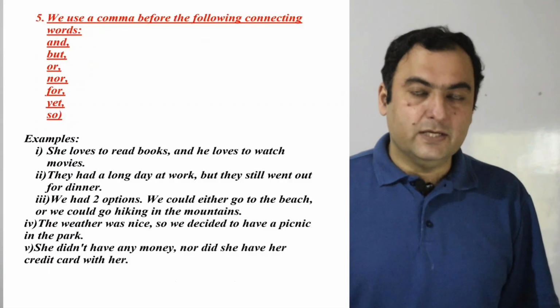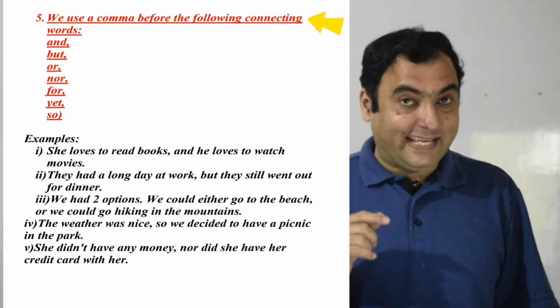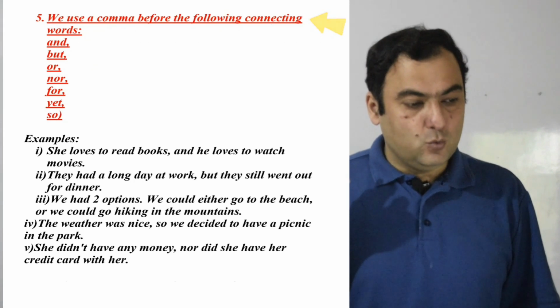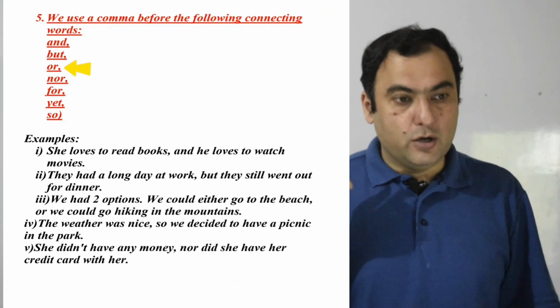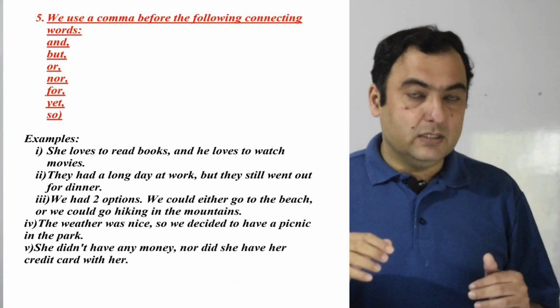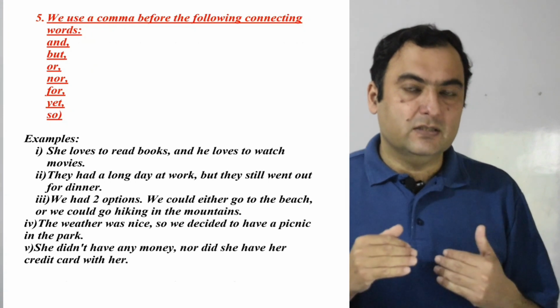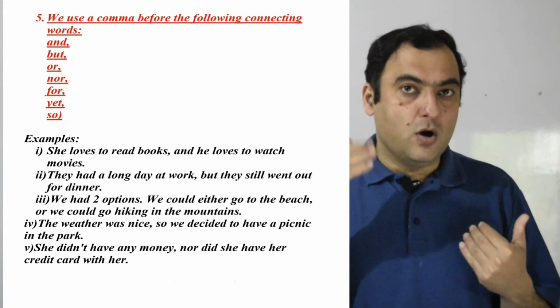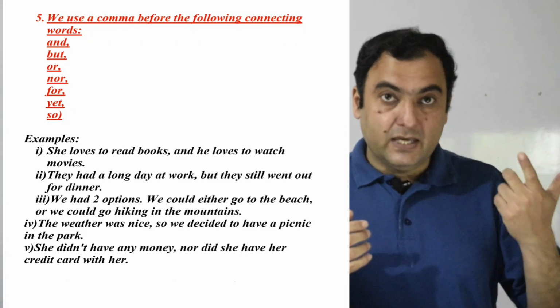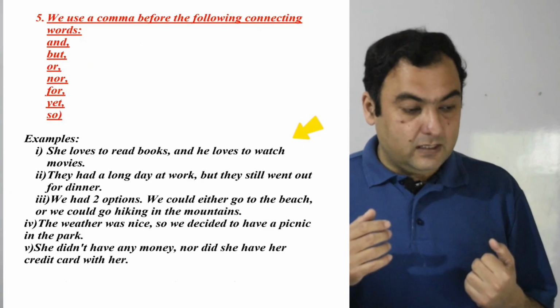And the last rule is, we use a comma before these following connecting words. These connecting words are and, but, or, nor, for, yet, and so. In short, they are called FANBOYS as well. So with these conjunctions, we use a comma. Example sentences are, she loved to read books, and he loves to watch movies.